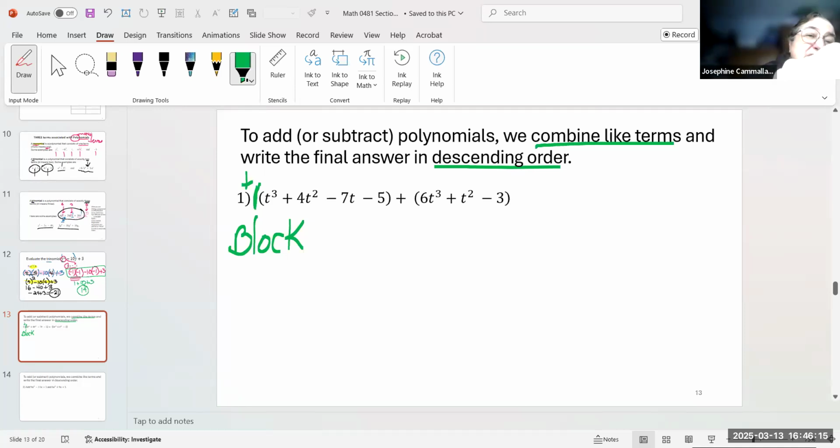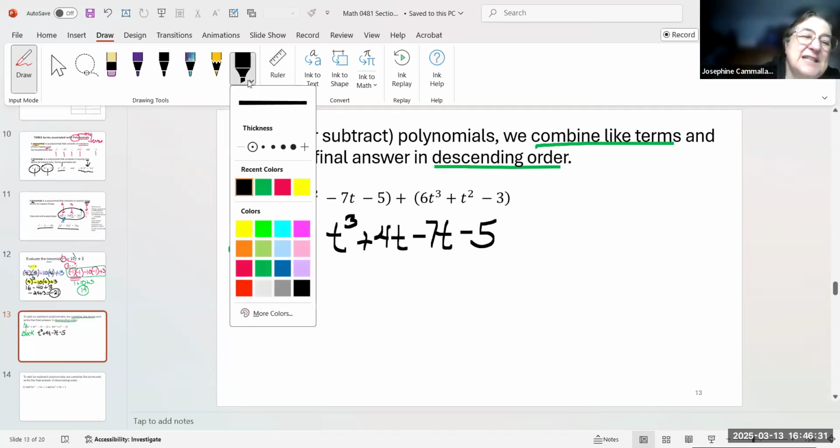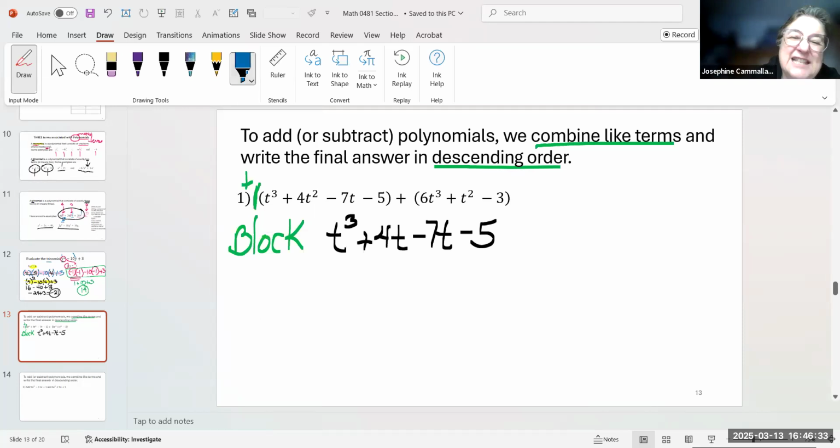Well, this is going to have me distribute, and I'm going to write t cubed plus 4t squared minus 7t minus 5. Now, do you see that I have a second polynomial and I have a positive 1 in front?